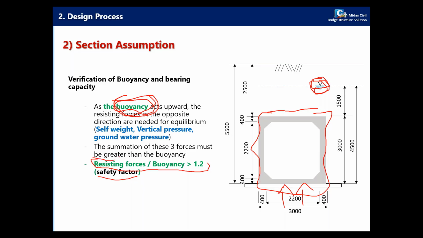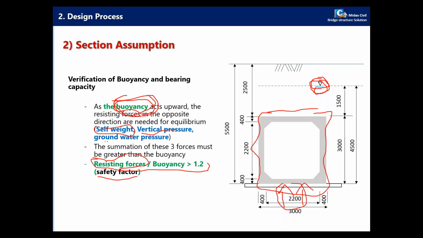When you calculate the resisting forces over the buoyancy, you need to have a value that is higher than 1.2. So for the resisting force of the buoyancy, we have the self-weight of the structure, we have the vertical pressure, and then we have the groundwater pressure.